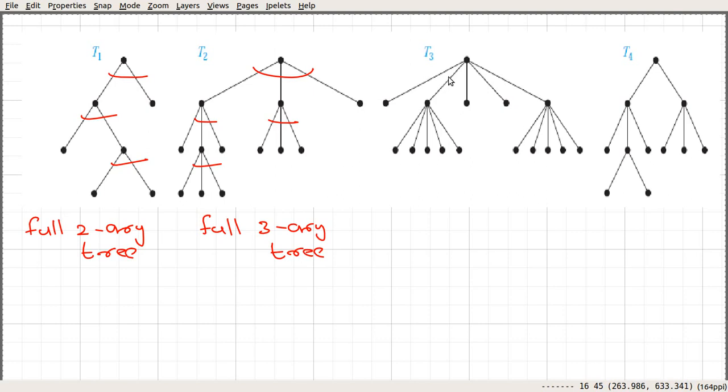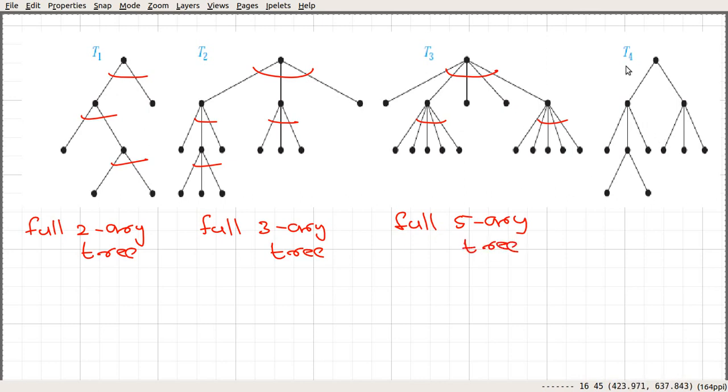Similarly, if you look into this particular tree, T3, the root node has 5 children, and this node has 5 children, and this node has 5 children. So every internal vertex has 5 children. So this is a full 5-ary tree.